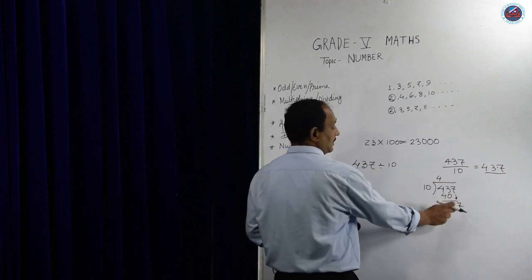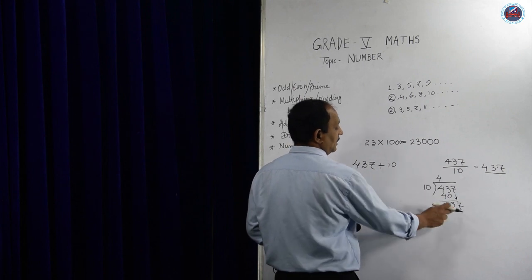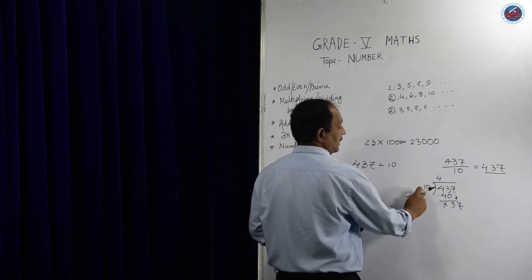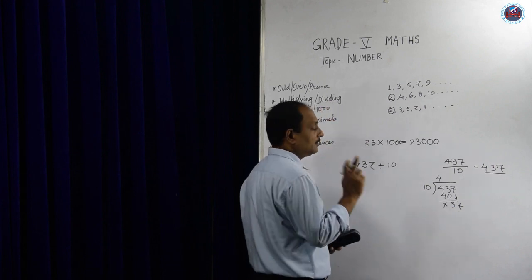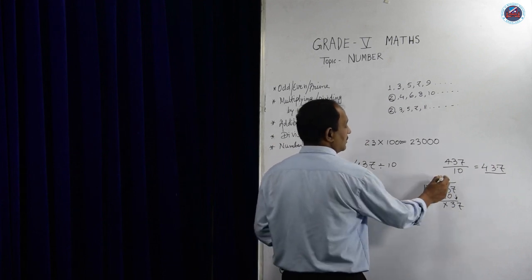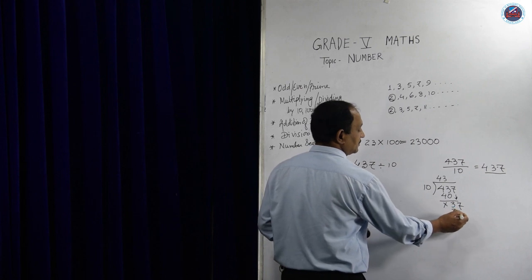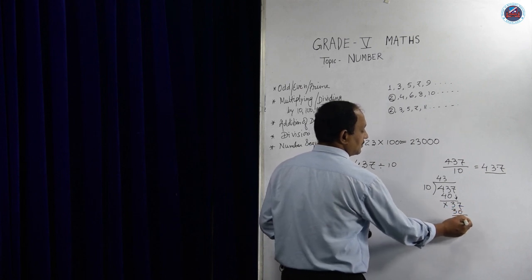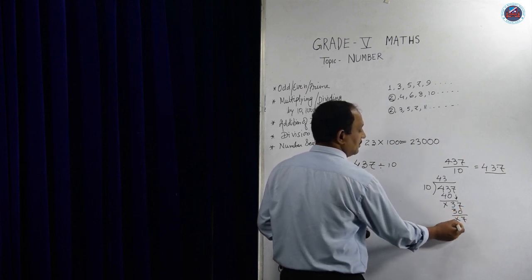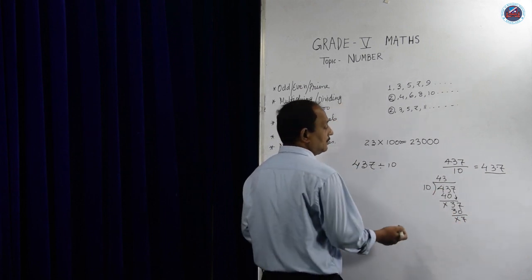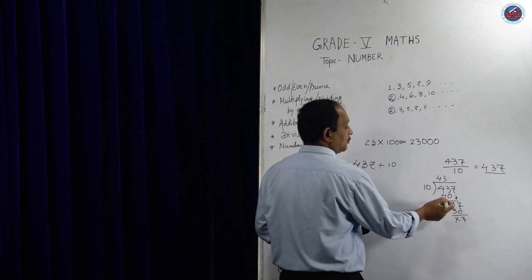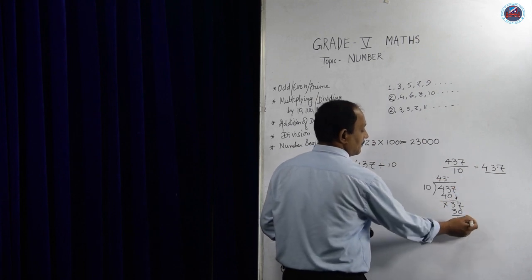Now 10 ones are 10, 10 twos are 20, 10 threes are 30, 10 fours are 40. 40 is more than 37, so we'll go for 10 threes are 30. 7 minus 0, 7, 3 minus 3, 0. Now there is no more number, so we cannot bring it down, but as per the rule, we can put a decimal here and take 1 0.